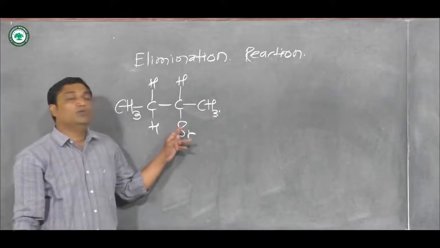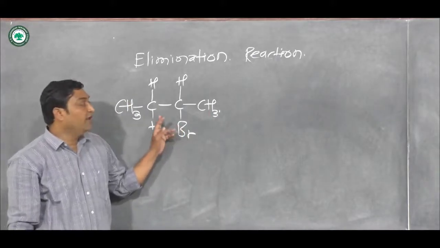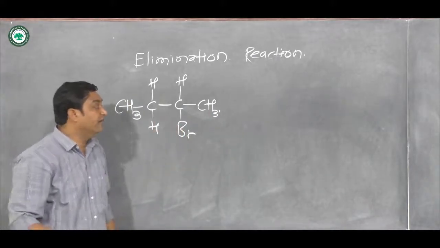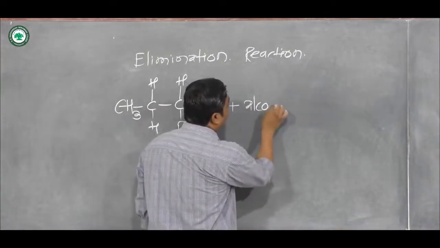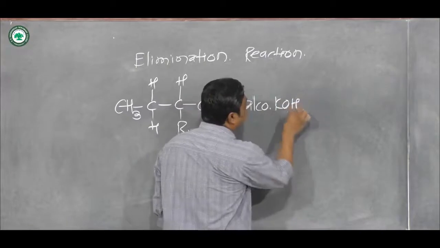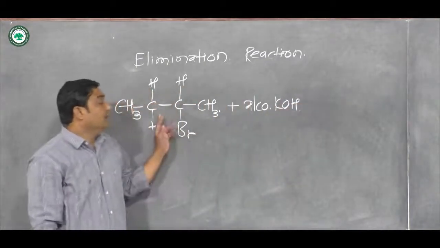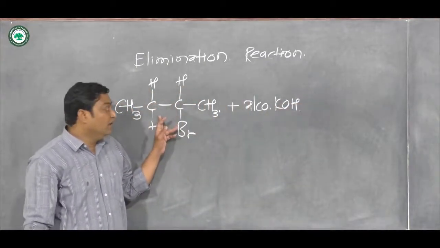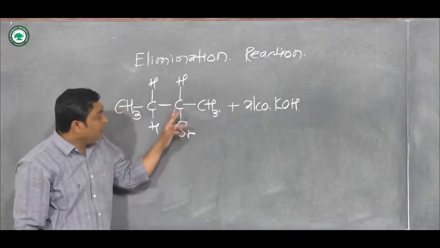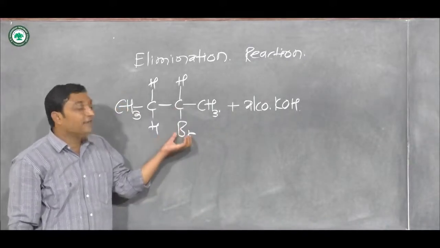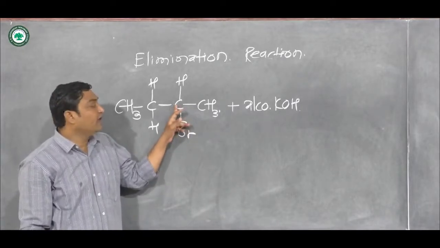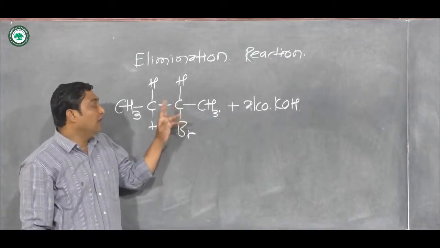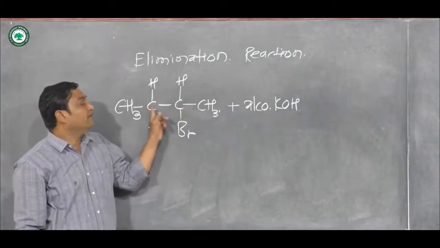This is 2-bromobutane. Now, when this 2-bromobutane is treated with alcoholic KOH, the carbon atom on which the halogen atom is present is the alpha carbon atom, and next to this alpha carbon atom, we have 2 beta carbon atoms.